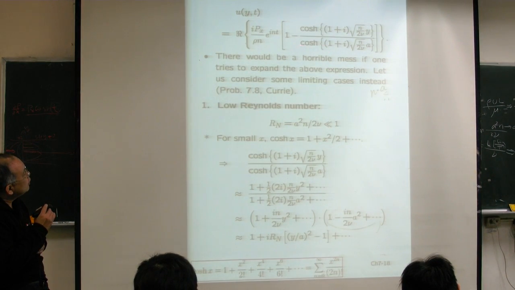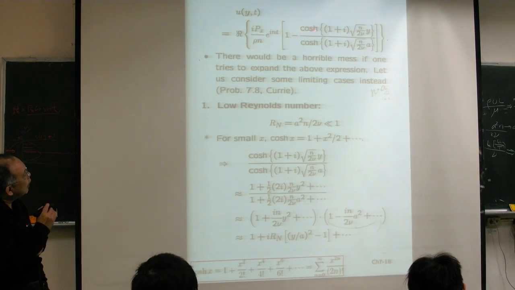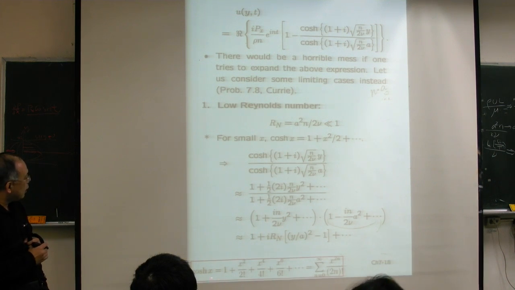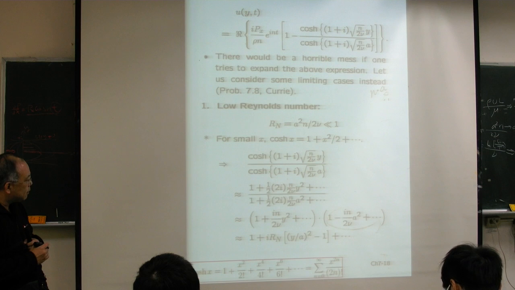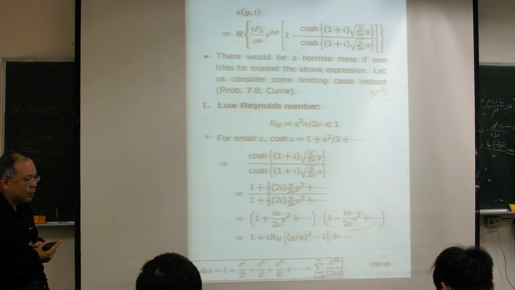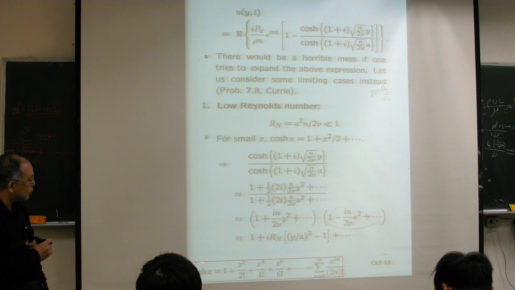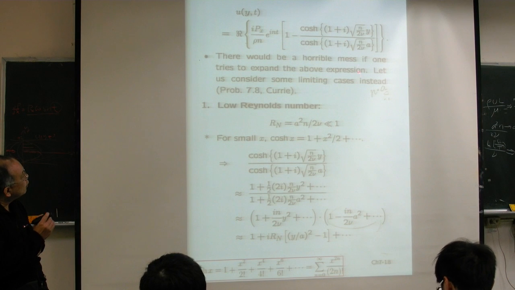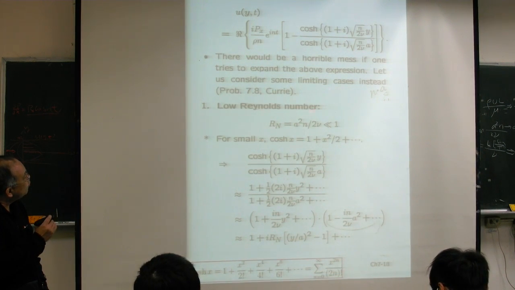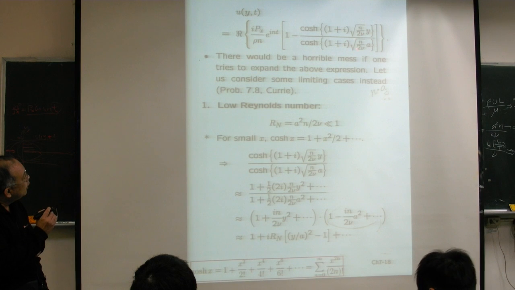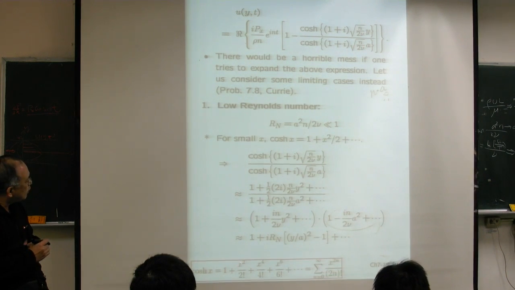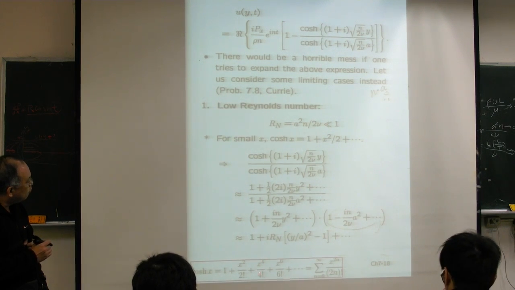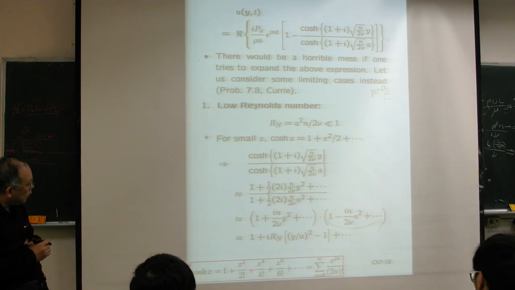As you can see, we have a hyperbolic cosine function here, and another hyperbolic cosine function of y here. The hyperbolic cosine function can use the so-called Taylor expansion, which you can find in your mathematics book. If this x is a small value, as in a low Reynolds number, the expansion is 1 plus x squared over 2 factorial plus x to the 4th over 4 factorial.